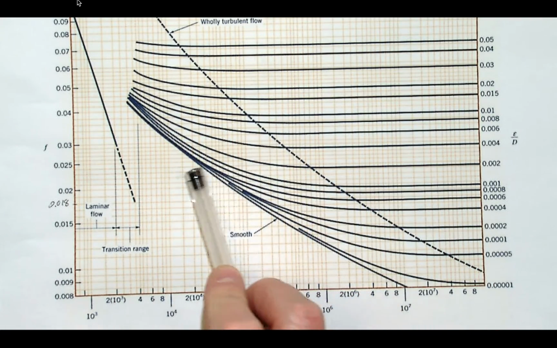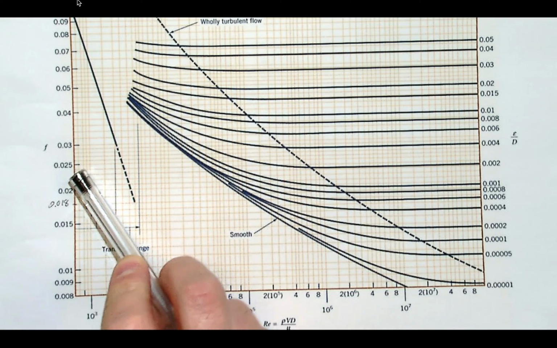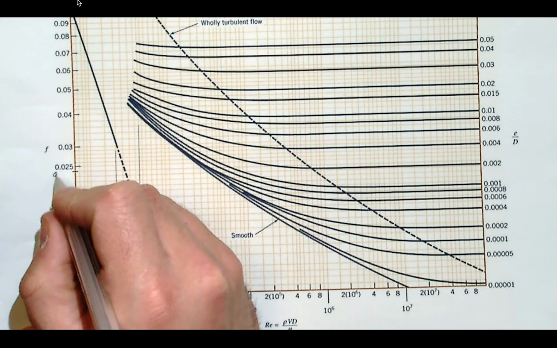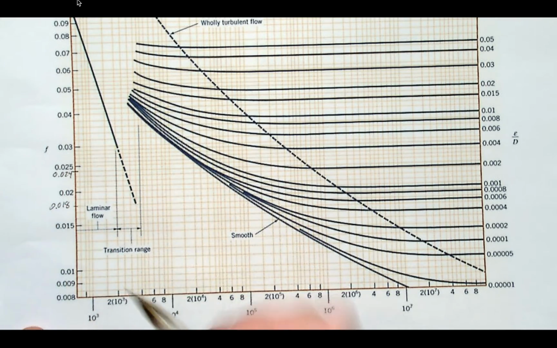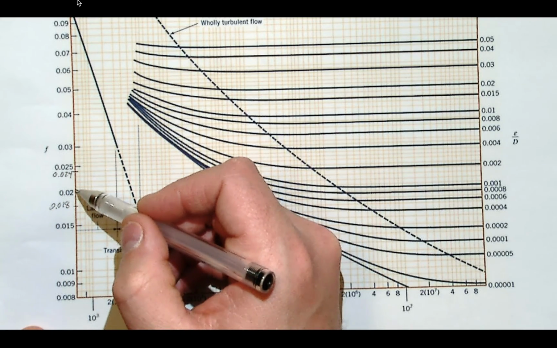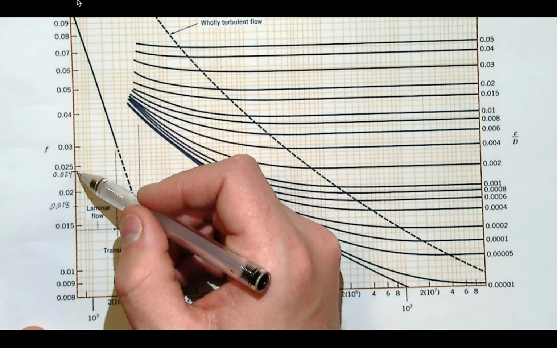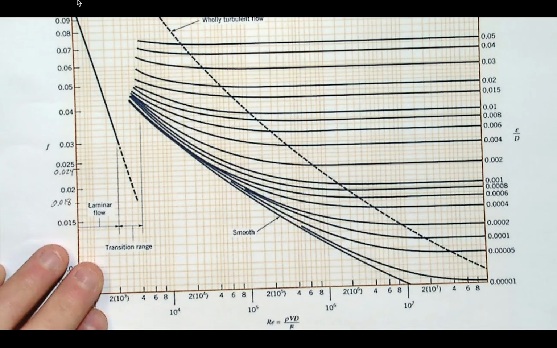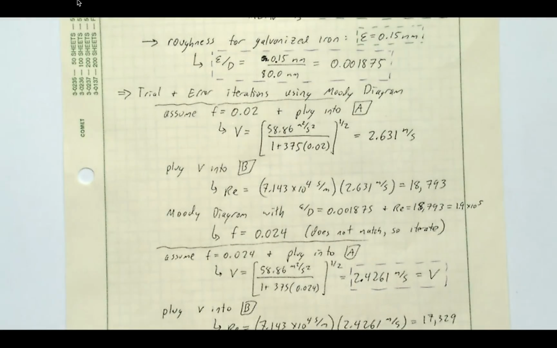If we follow that over, that's the one tick underneath 0.025, which is going to be 0.024. So 0.02, 0.021, 2, 3, 4, 0.024. Well, that's close, but it's not a match. So we got a friction factor of 0.024.